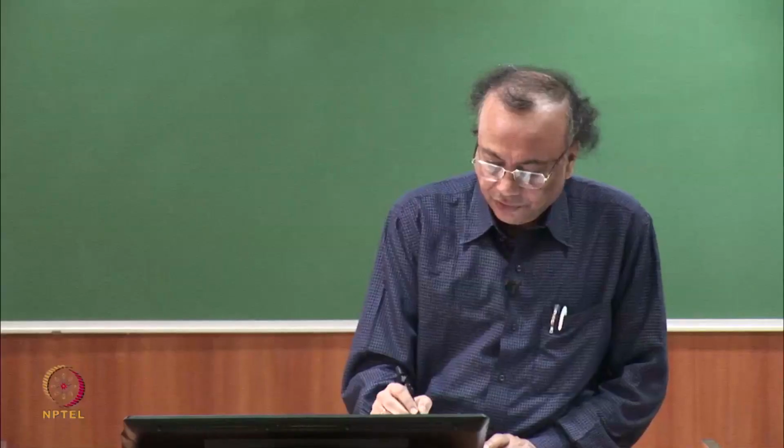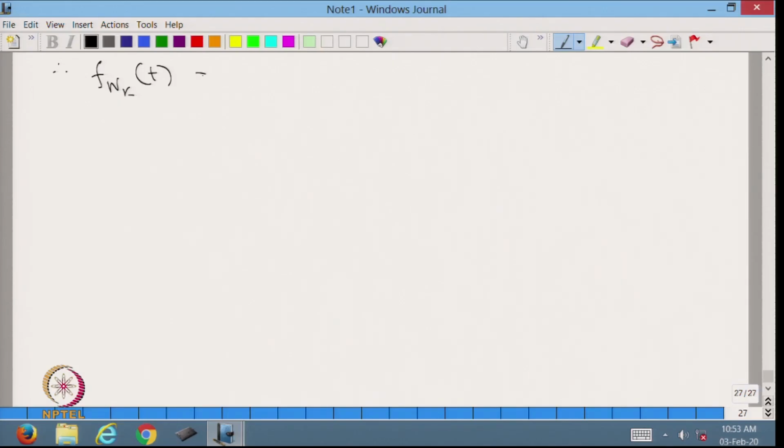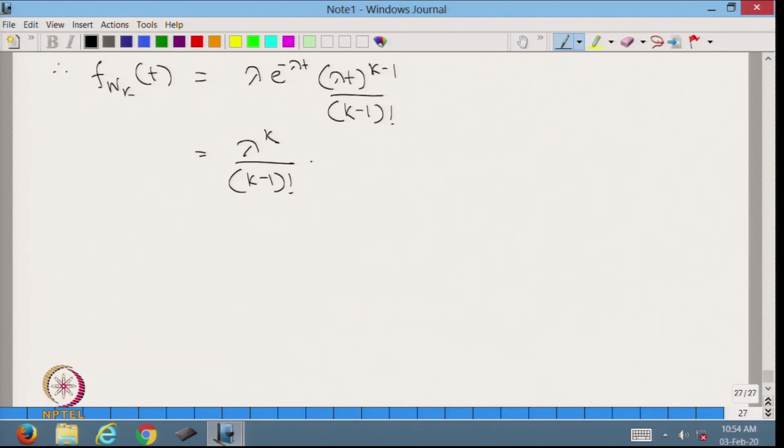Therefore, f_{W_k}(t) is equal to λe^(-λt)(λt)^(k-1)/(k-1)!, which is equal to λ^k/(k-1)! e^(-λt) t^(k-1). Now, (k-1)! is equal to gamma k.